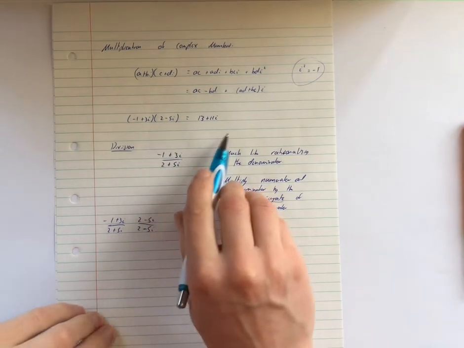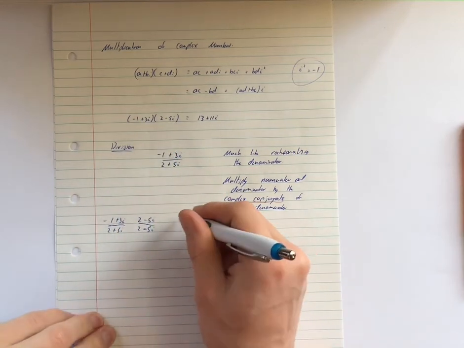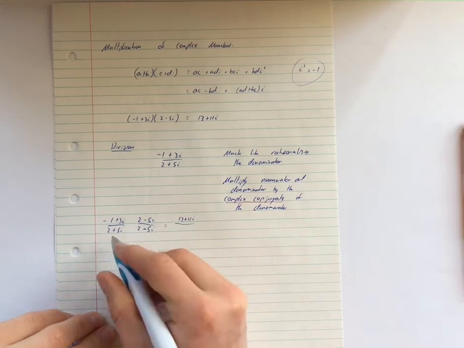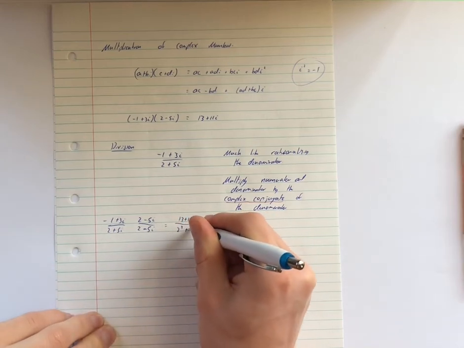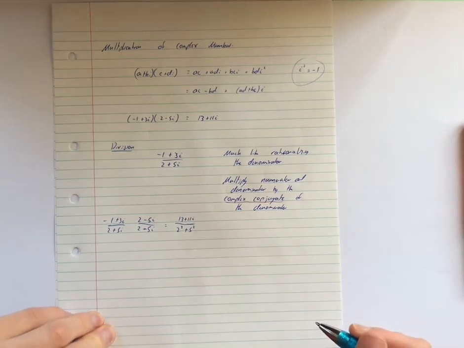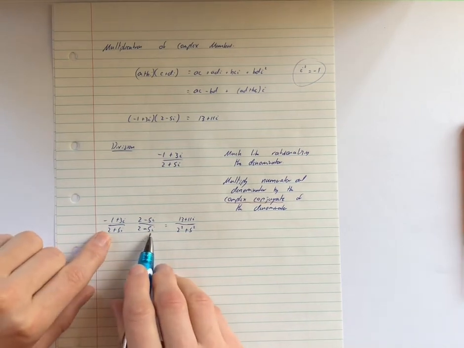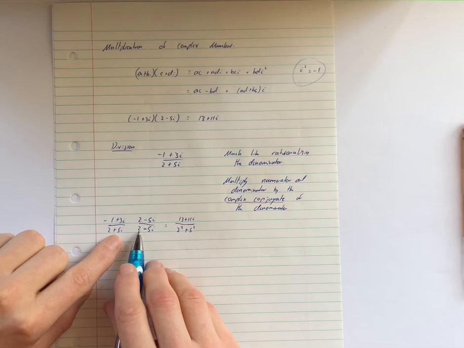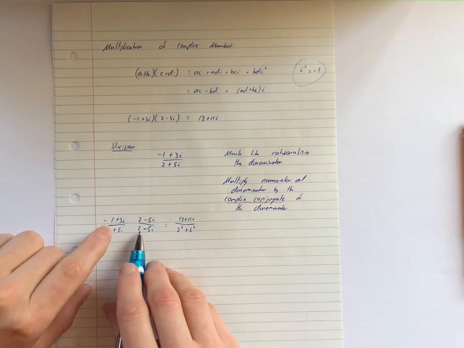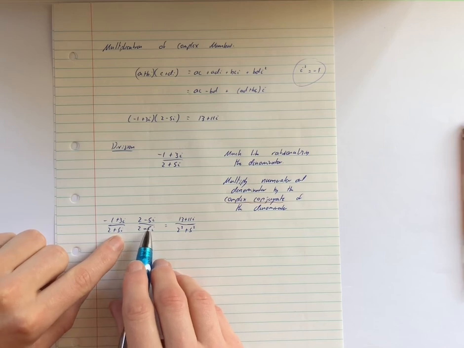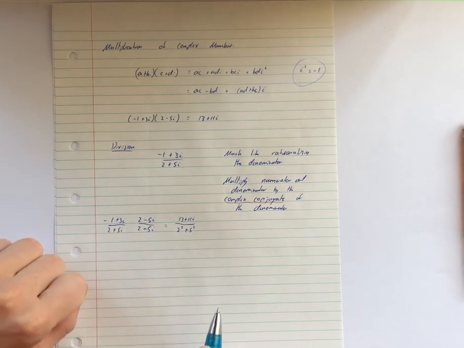So as we saw above, that's going to give us 13 plus 11i, and on the bottom we're going to get 2 squared plus 5 squared. Obviously the 2 lots of negative 5i are going to cancel with the 2 lots of positive 5i, and then you're just going to get 2 squared, and because we've got negative 5 times 5, but we've also got i squared, that gives us a positive 5 squared.